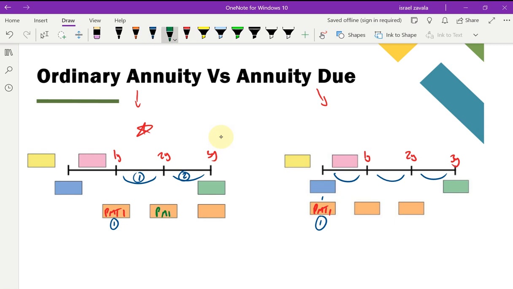Payment 2 gets to compound once, whereas payment 2 here gets to compound once, twice. Now payment 3.